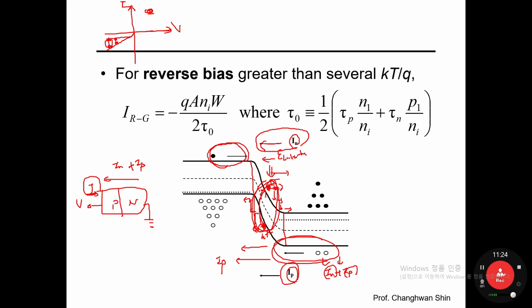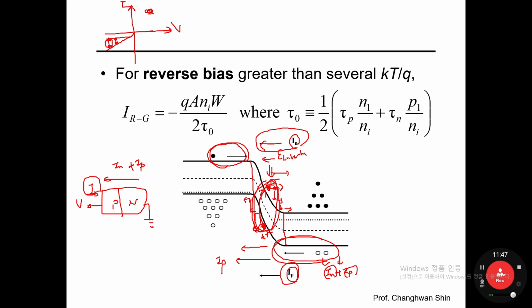This can be simply answered with your own knowledge. As reverse bias becomes intensified, the depletion layer width becomes wider and wider. And think about the total number of electron hole pairs thermally generated in the depletion layer.